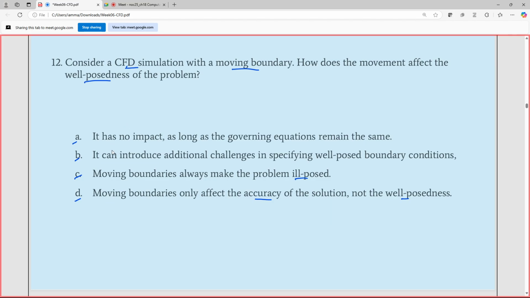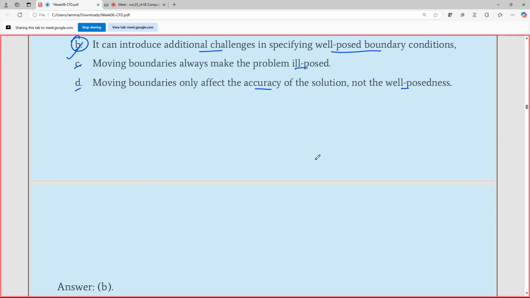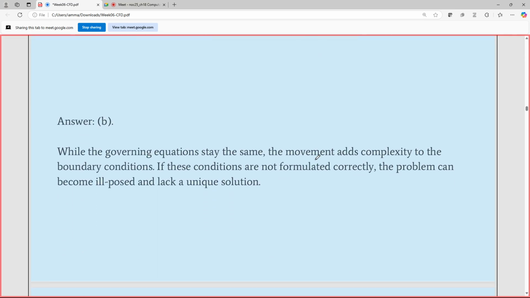Our answer is option B, that it can introduce additional challenges in specifying well-posed boundary conditions. Because even if the governing equations stay the same, the moving boundary adds complexity to the boundary conditions.